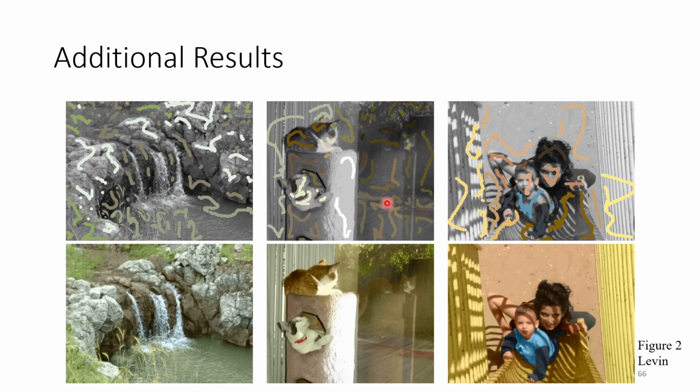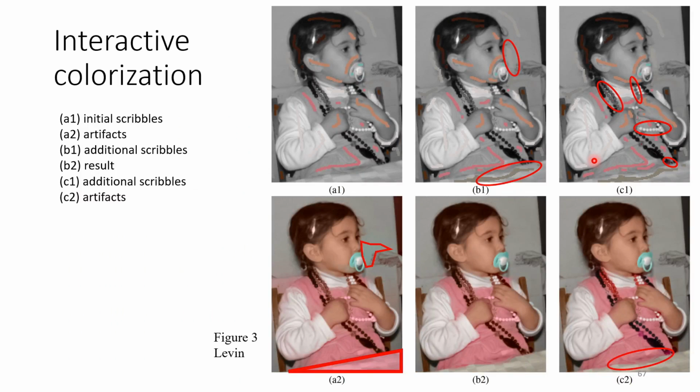For this method, you need to create sufficient scribbles so that you can generate a good colorization result. And the author also shows the interactive colorization. It means given this input image and some scribbles, it will generate this result.